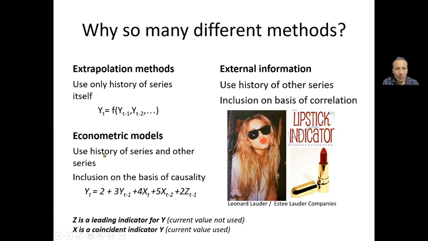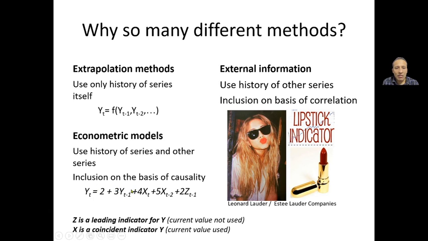We have econometric models. Econometric models are nice in the sense that they allow for the inclusion of a leading indicator for y, and also variable x's, which are coincident indicators of y. In this setting we can also use extrapolation methods, the use of the history of the series itself.